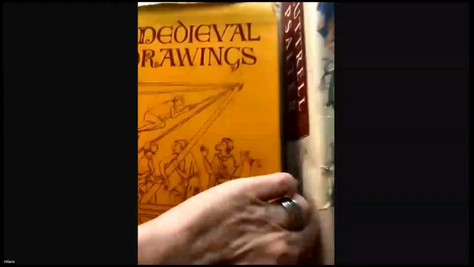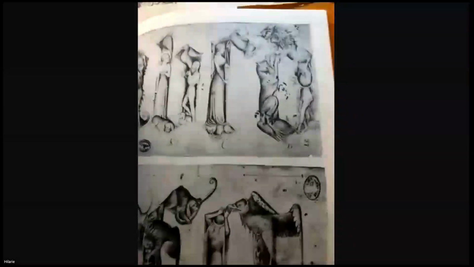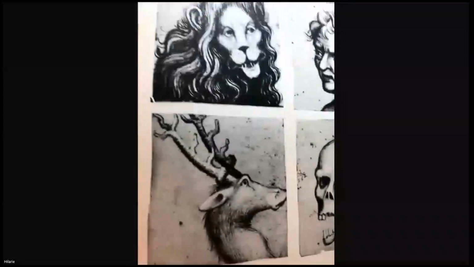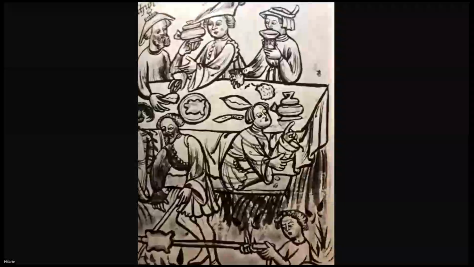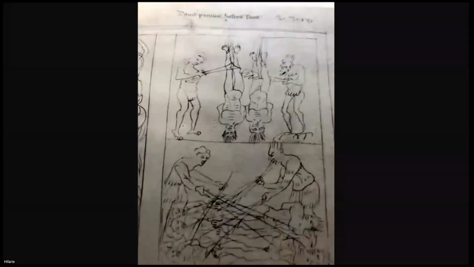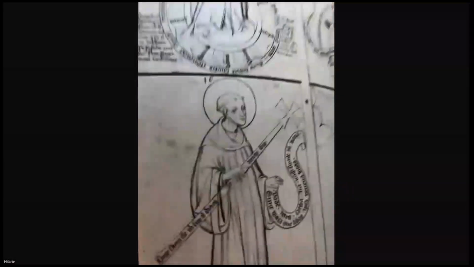I just got this book, and the coolest thing, medieval drawings. These are from model books. That one is not from a model book, but it's a really interesting collection of drawings.